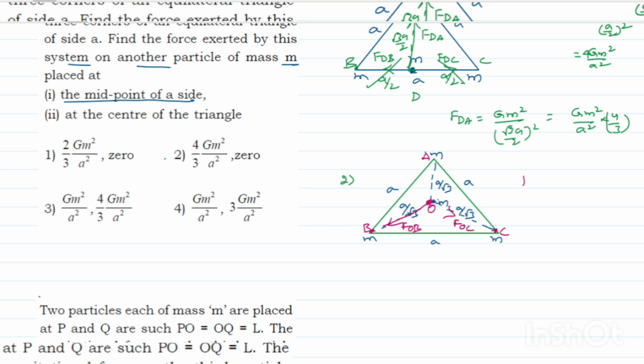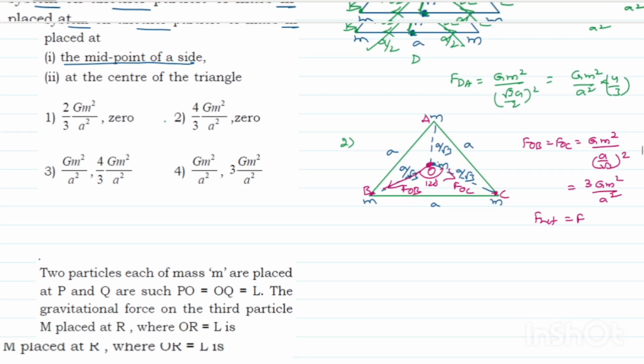FOB, which is equal to FOC, is nothing but G into M square by A by root 3 whole square, which is 3 G M square by A square. Now these two forces are making an angle of 120 degrees. If the forces have equal magnitude and they make an angle of 120 degrees, then the net force will be equal to F.